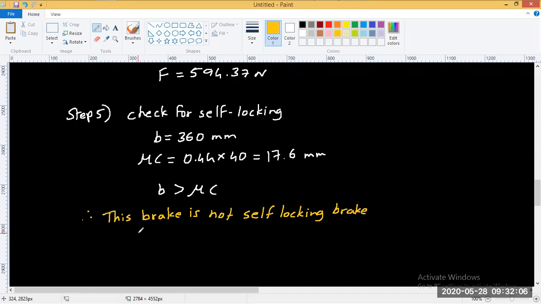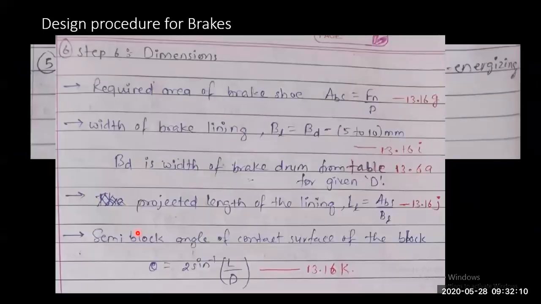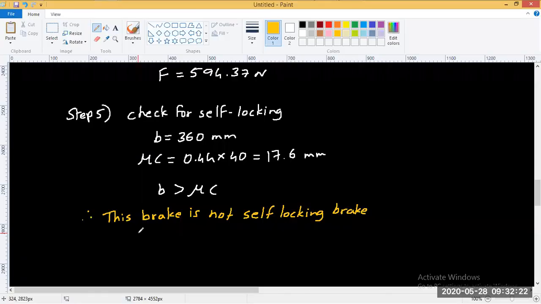Right. So step 5, check for self-locking. And the last step, step 6, is to find the dimensions. All these equations, I think, are one below the other. Let's note that also.